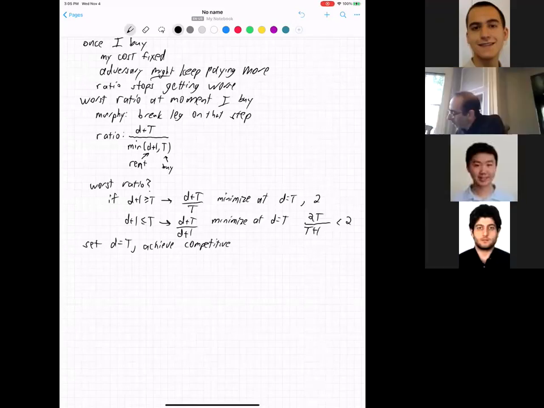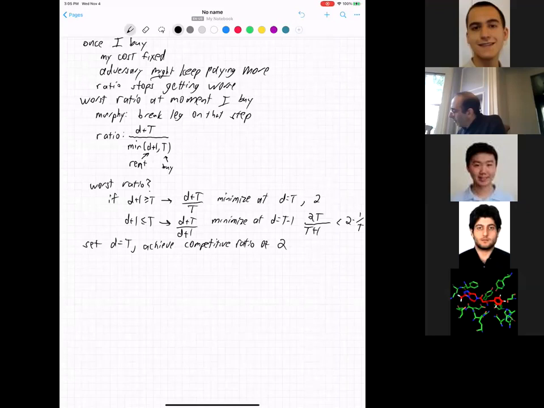Wait, don't you minimize D by setting it to T minus 1? Oh, here? Yes, thank you. And so that gives me 2 minus 1 over T. Isn't the top one also minimized at D equals T minus 1?